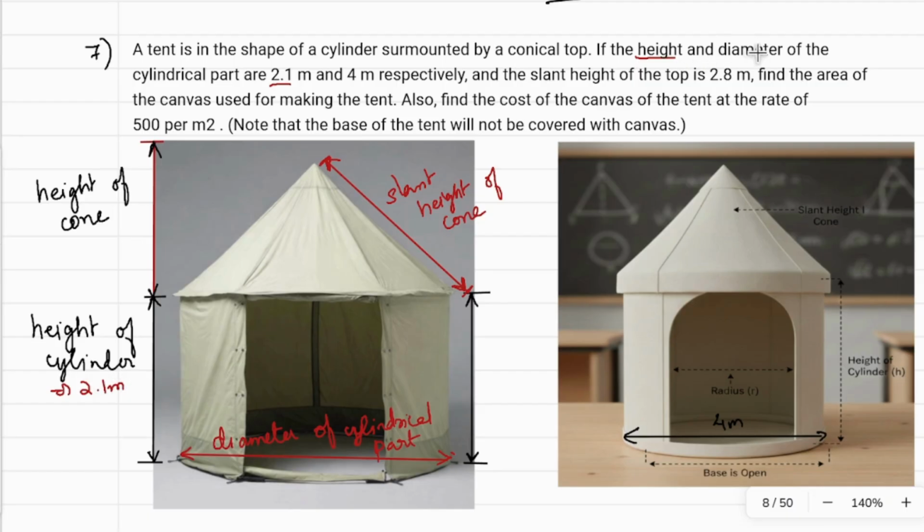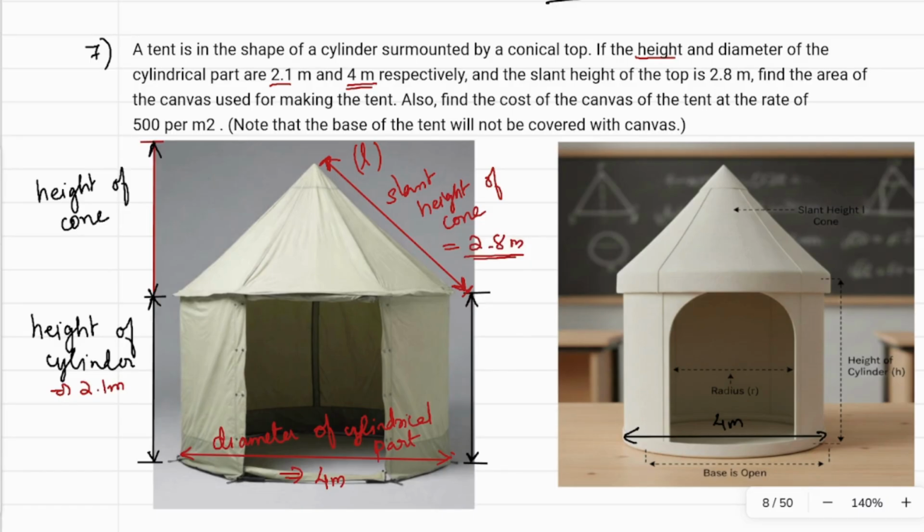And the diameter of the cylindrical part is 4 meter. And the slant height of the top, from this height, right? This is called L, which is called the slant height. Slant height of the top is given as 2.8 meter, right?